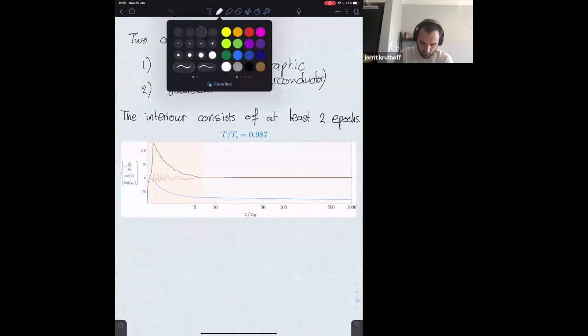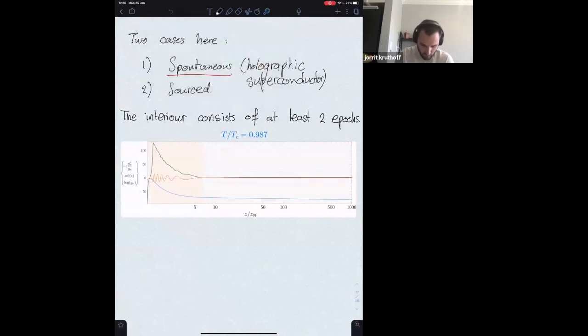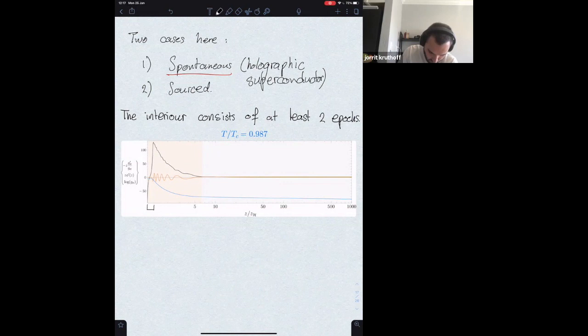And these two epochs, so here, this is again the regime where there's the Einstein-Rosen bridge collapse. Let me just first tell you what these different plots are. So this is the logarithmic derivative of g_tt.